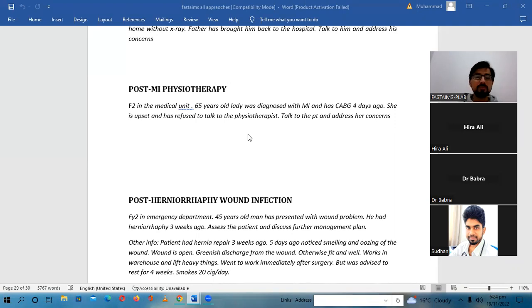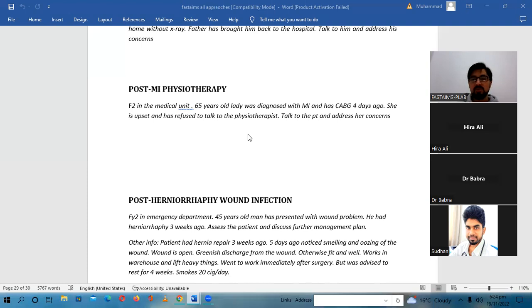Okay, so then you have to tell her that what we suggest, our advice, is that you should start mobilizing at a slow pace under some guidance with the physiotherapy. Can I just ask whether you understand now?